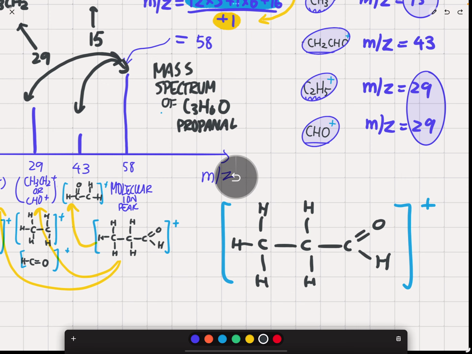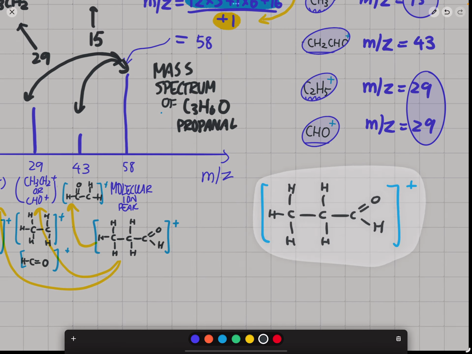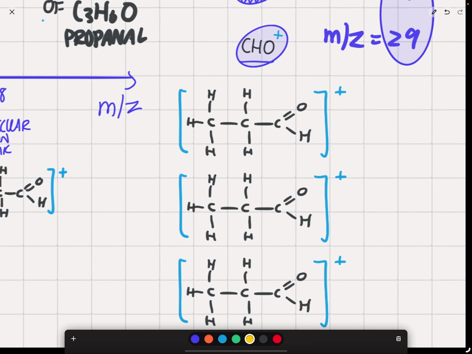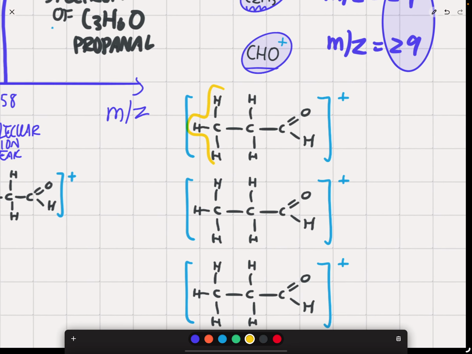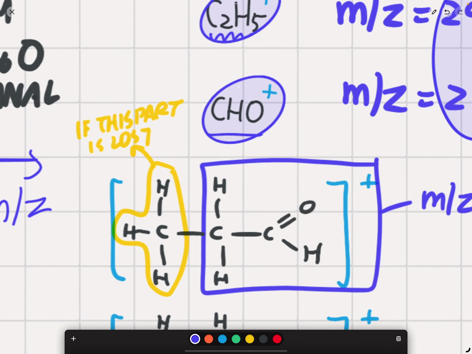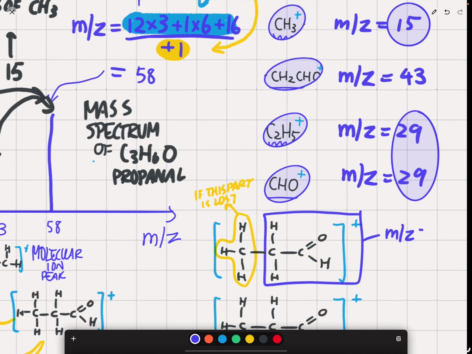So let me just label it on here. So if this part is lost, the resultant fragment will have a mass to charge ratio of, so you see this is CH2CHO. So this corresponds to this fragment.